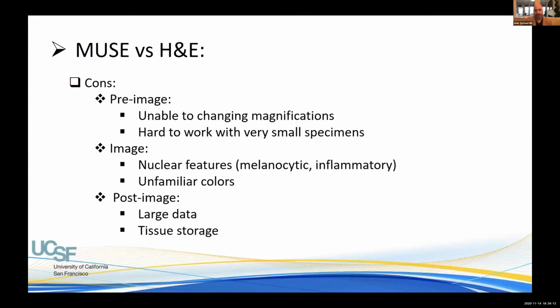And the other thing, the nuclear features, especially for melanocytes or inflammatory cells, it wasn't as good as H&E. And of course, as I mentioned, the color was totally different. It was a full spectrum of colors, compared to the two colors that every pathologist trained with. So many pathologists, when they examined it, said it's very hard for them to go back to the new thing.